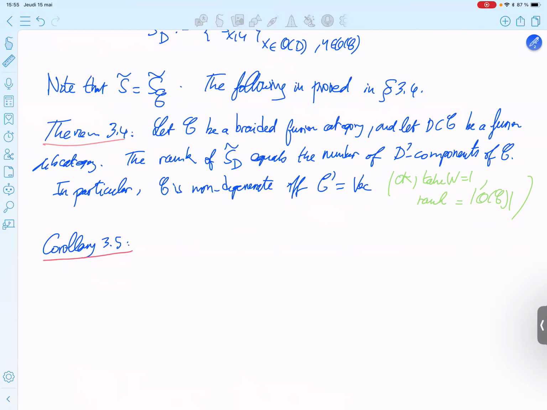Let C be a braided fusion category. Let D be a fusion subcategory.